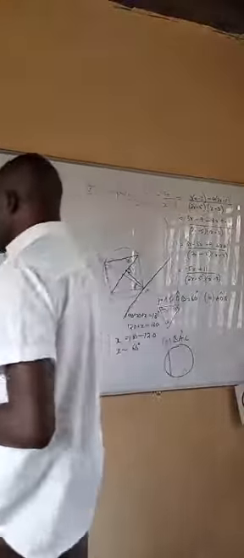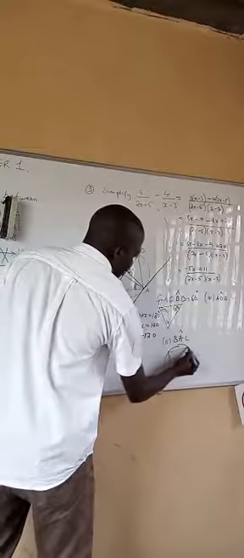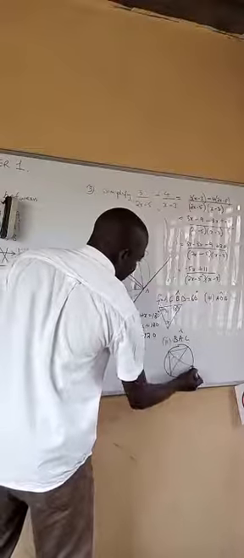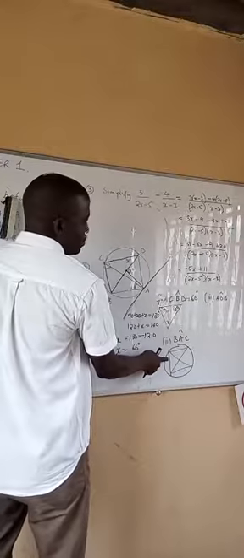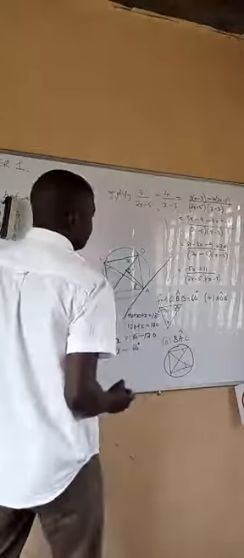So if that chord produces a triangle like this on the circumference, and again produces another triangle like this on the circumference, all produced by this chord, these angles will always be the same.